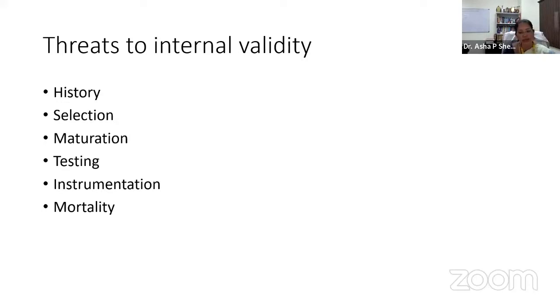Then testing, that is where we are using the pre-test. When the pre-test is given, and the subjects have knowledge of the baseline data we have given to them, that will definitely impact the observation or the outcome. And then the instrumentation, where there may be some changes between the pre-test and the post-test, which will affect the outcome variable.